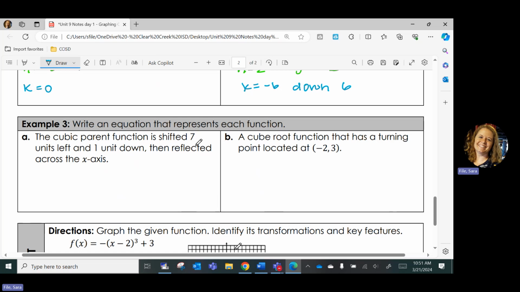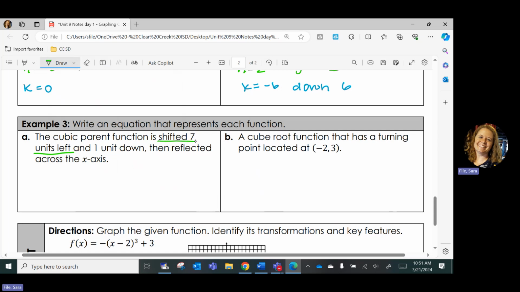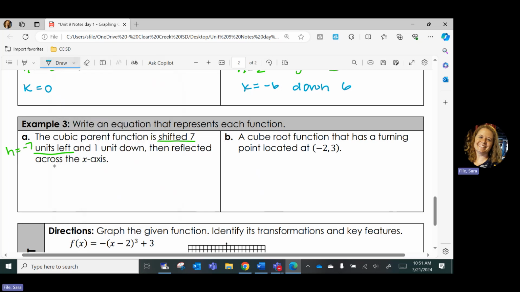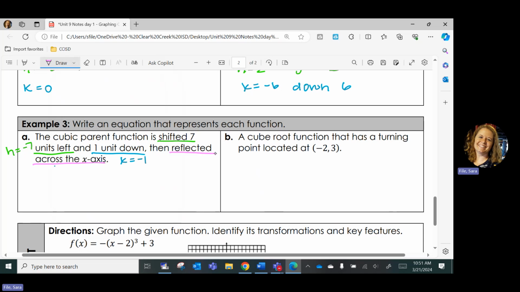So it's actually pretty simple because they tell us we are shifting 7 units left. That tells me H. H is -7. We are shifting 1 unit down, so that tells me K is -1. And then it tells me we're reflected across the x-axis.